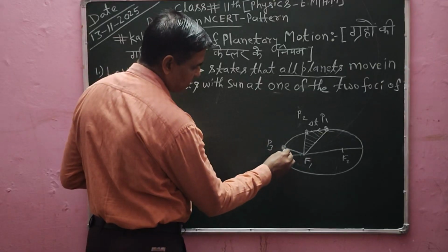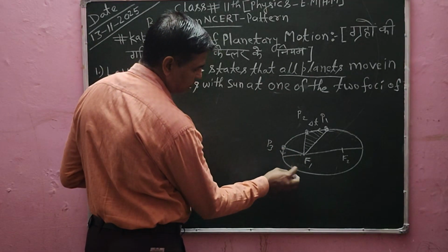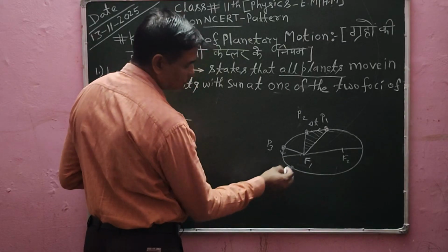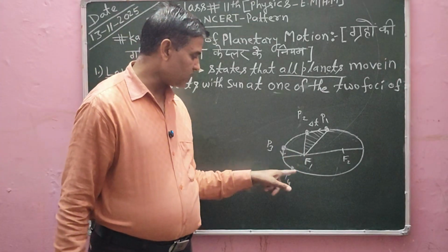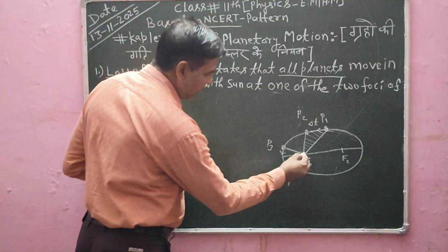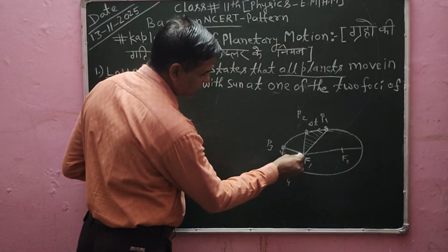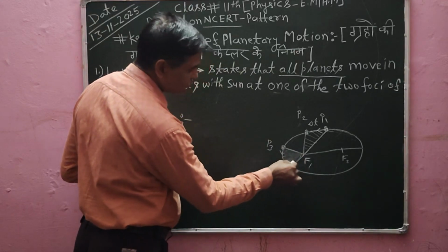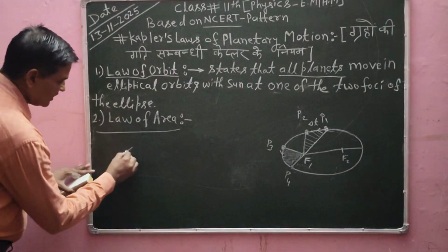Now it moves from P3 to P4. So again I have joined point P3 to F1 and also F1 to P4. So I have also got a shape, and I have calculated the area of this portion.